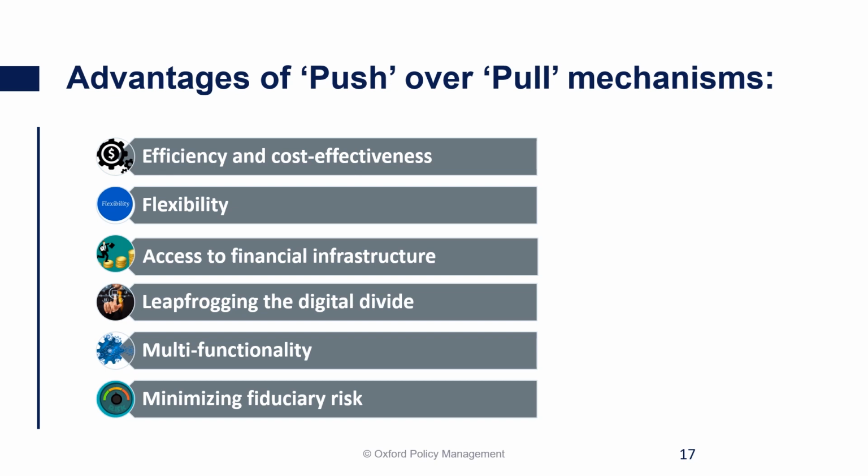So the next advantage is minimizing fraud and risk. Technology delivery systems are more difficult to defraud than manual delivery systems in many respects.